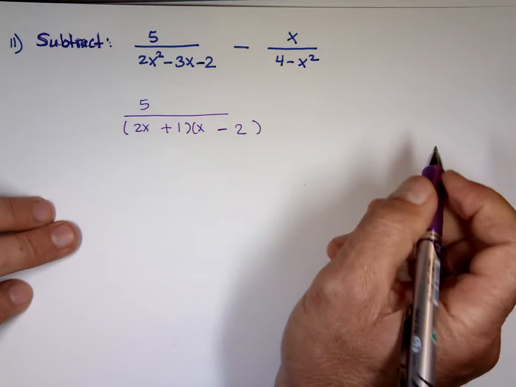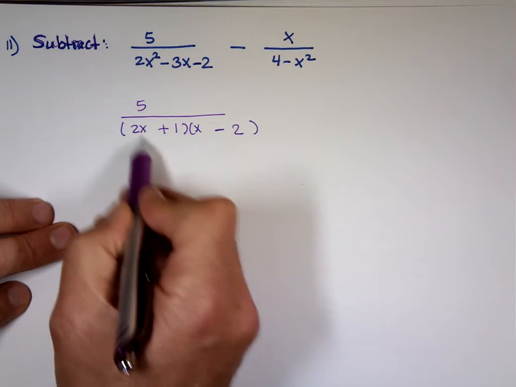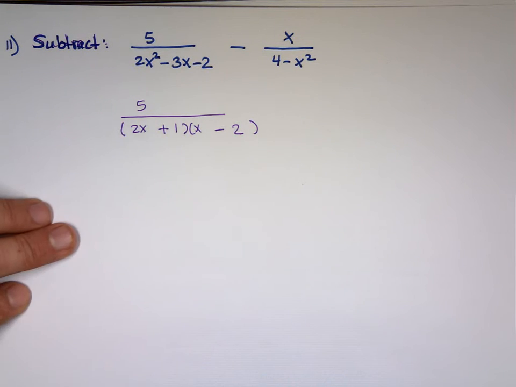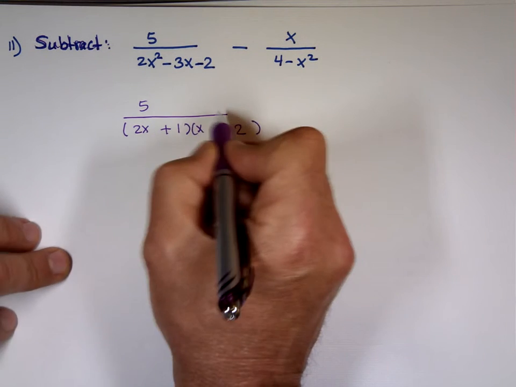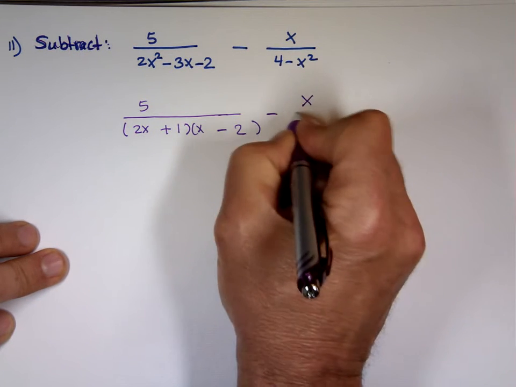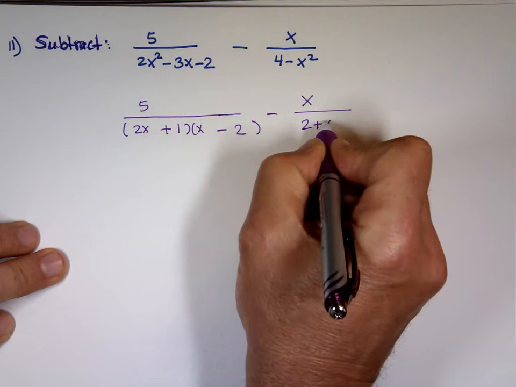Notice what is minus 2 times 2x? This is negative 4x plus the 1x, that's negative 3x. So I am good with the factoring. This will be x over 2 plus x, 2 minus x.